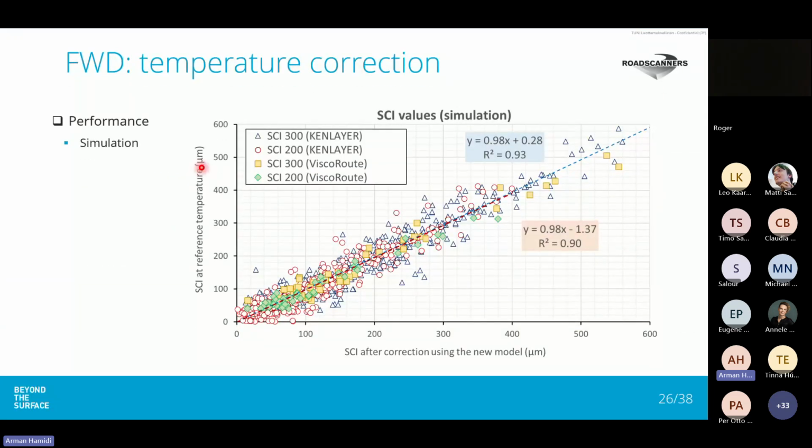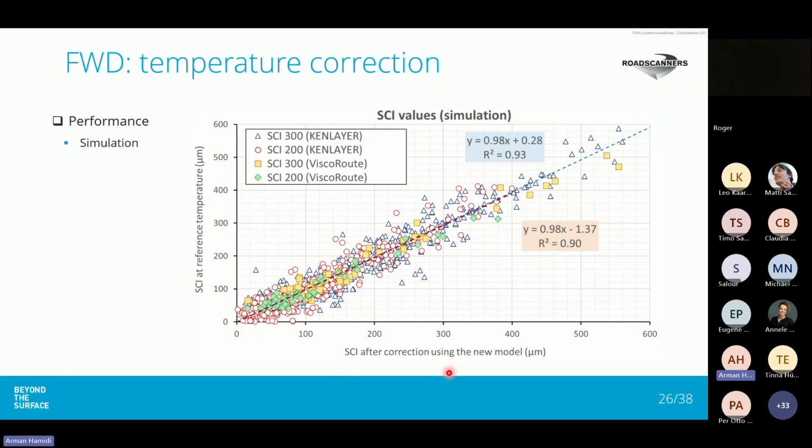If we put SCI values corrected using the same procedure, the developed model. So we correct D0 and D20 using the model and determine SCI 200 and also SCI 300 and put them on the x-axis, and use simulation to determine D0, D20, and D30 at the reference temperature of 20 degrees centigrade and put them on the y-axis.